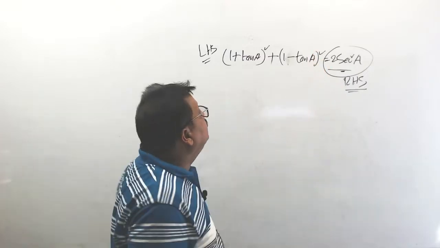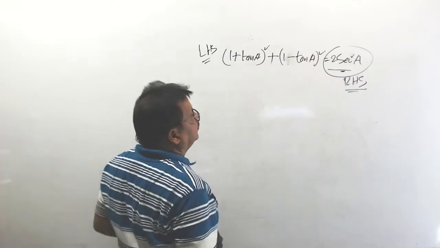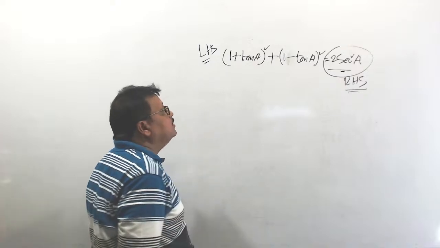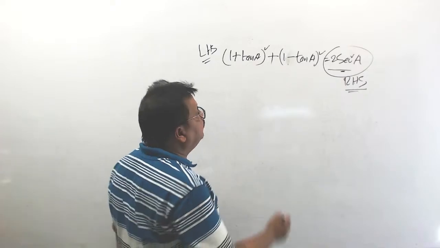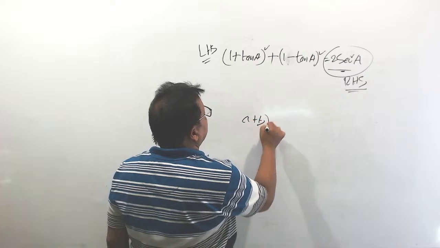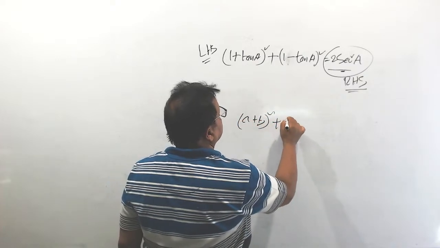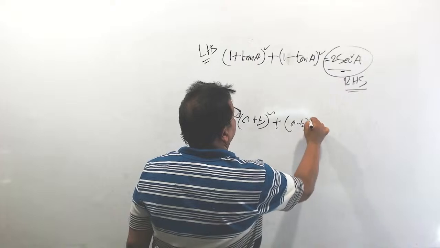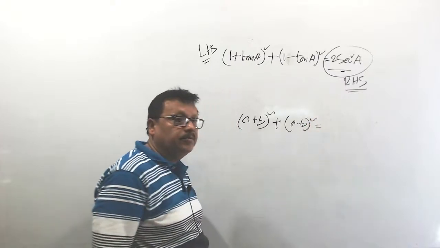How will you go? Here is a formula you can use directly. What is the formula? A plus b whole square plus a minus b whole square is equal to what? Can you tell me?